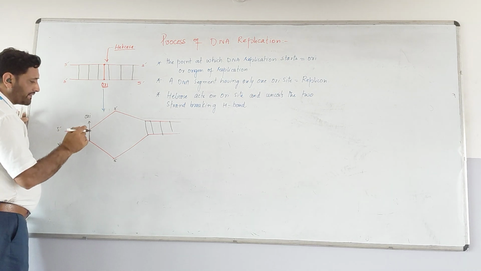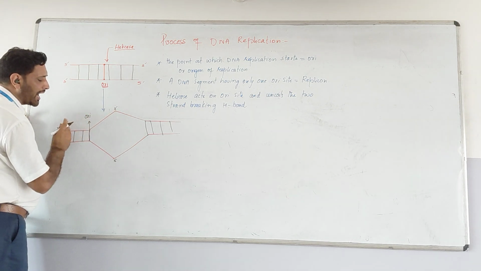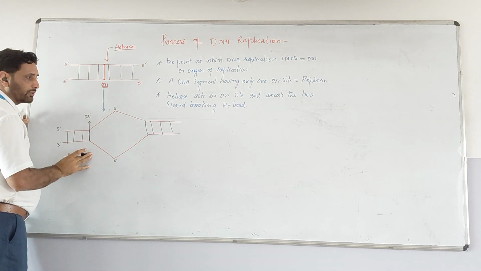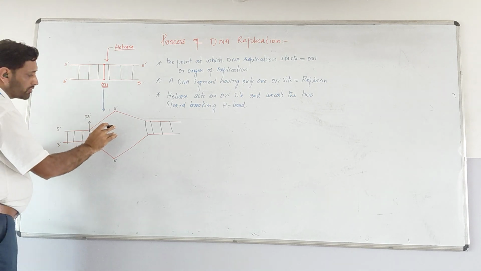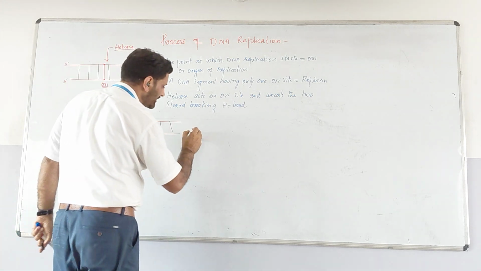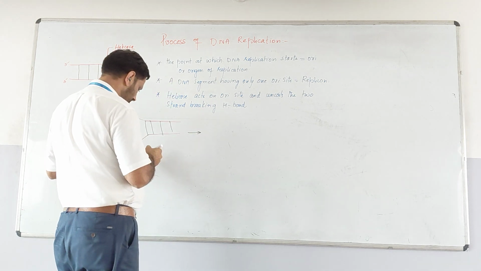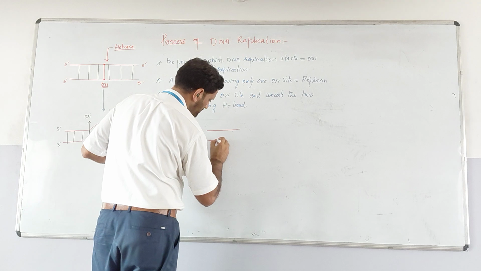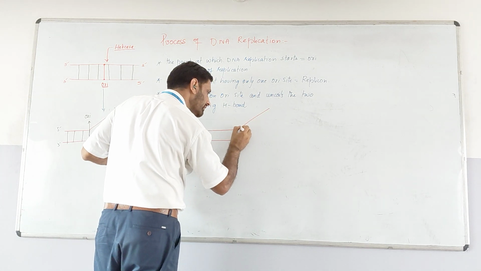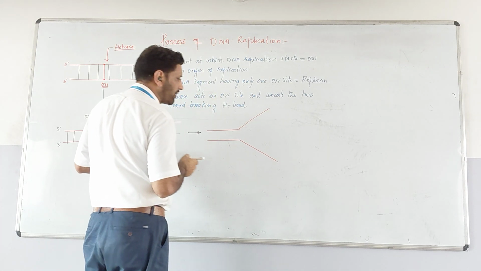Is this clear? Now coming to only the half part of this DNA molecule, we need to understand the replication. So by this we can see this molecule like this. This is a molecule, and this is one replicon.